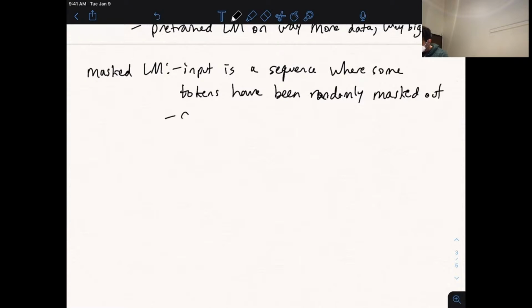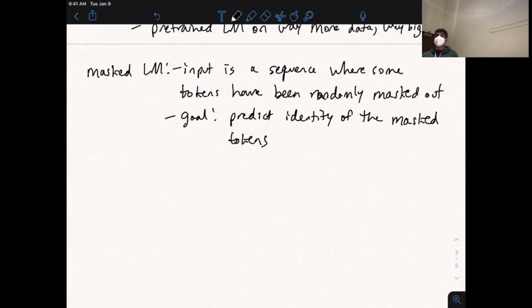And your goal is to predict the identity of the masked tokens. So this is slightly different than the language modeling approach, which is given a prefix, predict the next word. Here I'm giving the complete sentence, but some of the words are randomly replaced with a masked token, and only at those positions in the sequence am I going to predict the identity of the missing token.